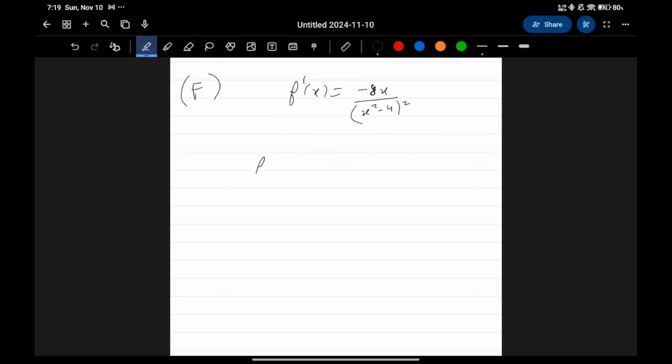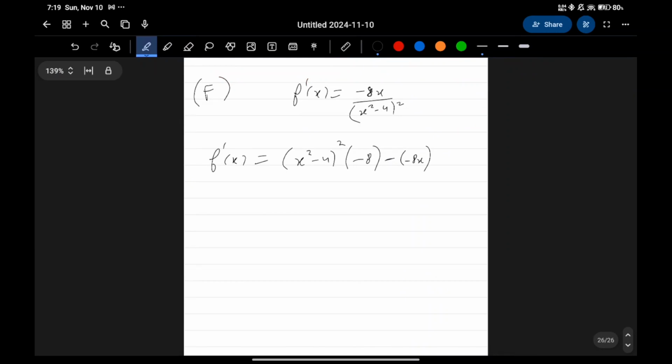Alright, let me just use the quotient rule. So low d high, which is negative 8, minus high d low. The derivative of low, (x squared minus 4) whole squared, is something to the power of 2.